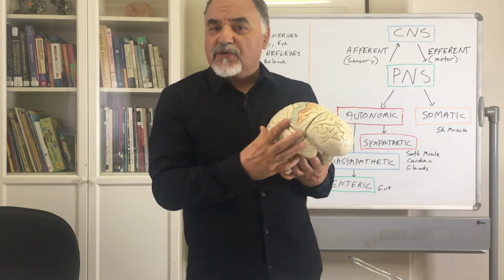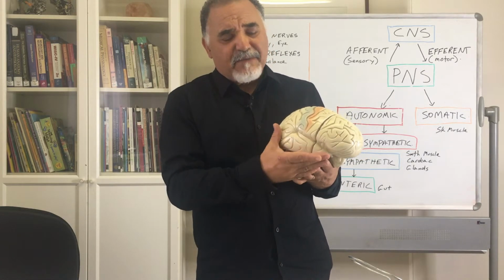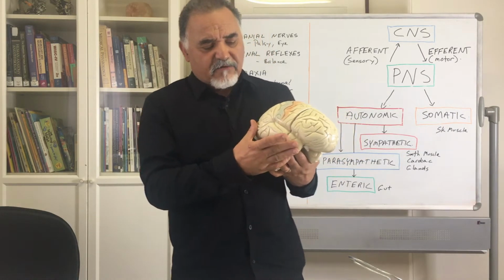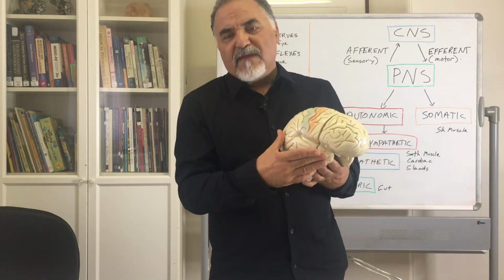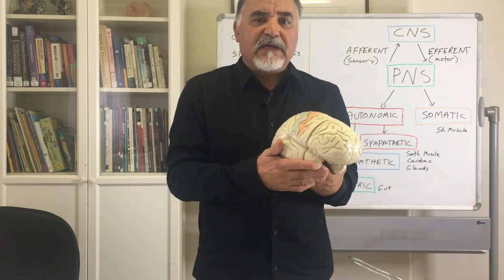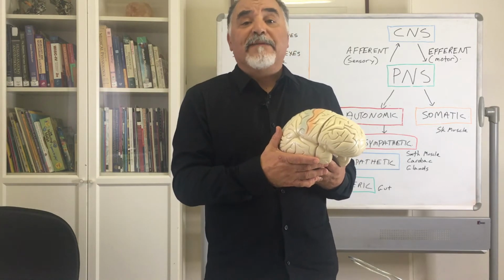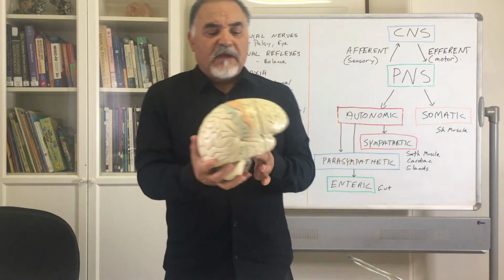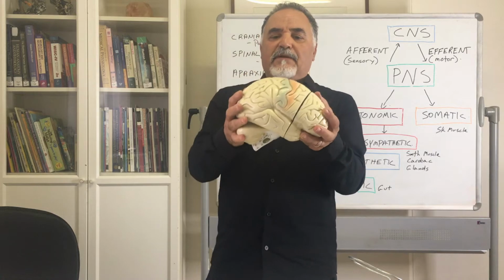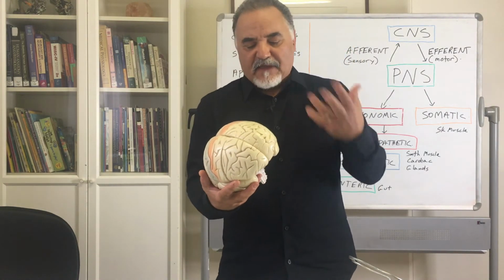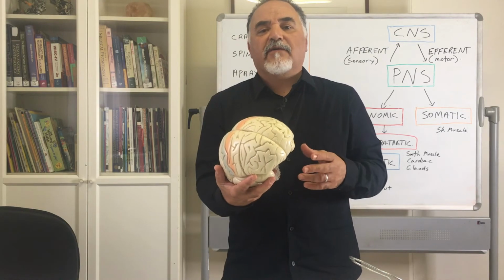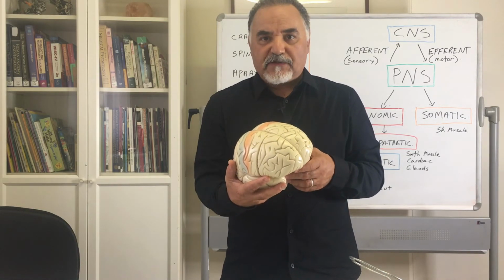It converts short-term to long-term memory. If there is damage to the temporal lobe, and we'll give you examples later on of individuals with such damage, memory is quite impaired. So: frontal, occipital, parietal, and temporal lobes, and you've just had some very quick functions of each.